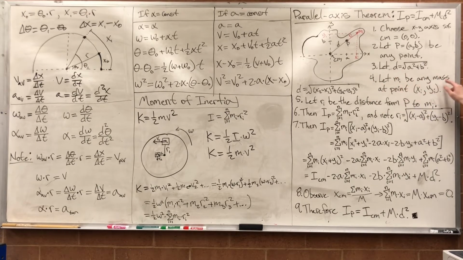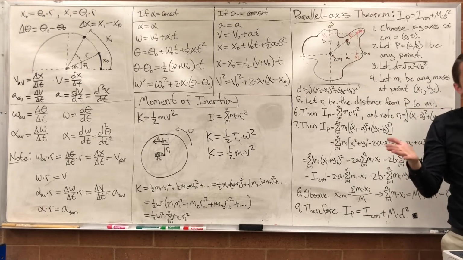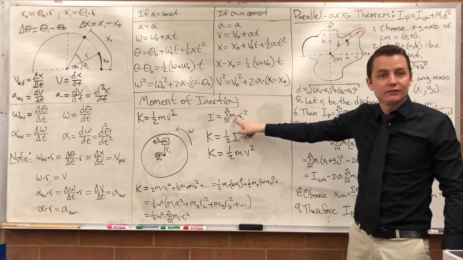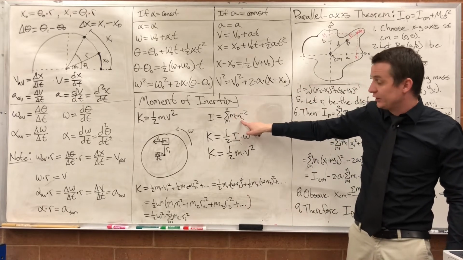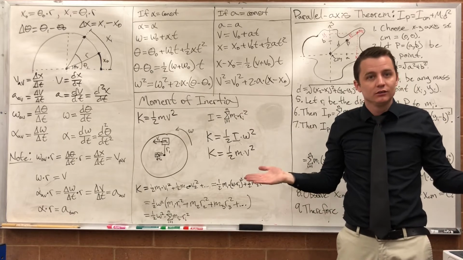Now let m sub i be any mass at some point (x sub i, y sub i), some random mass anywhere on the actual object, because we're going to calculate the moment of inertia. What am I going to do? I'm going to take each of those masses, multiply it by its distance from P squared, and add them all up. And that's its inertia.